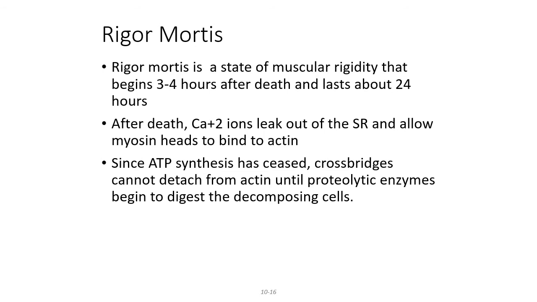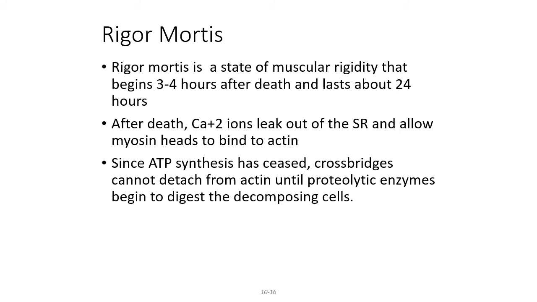Ambient temperature plays a little bit of a role in when that rigor mortis sets in. Essentially, when we die, the cells themselves don't necessarily know that things have stopped. And so they keep on doing their thing. So we still have calcium pumps running inside the muscle cells. We still have ATP available, etc.